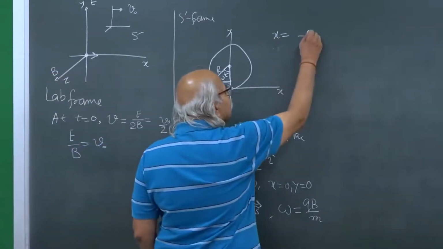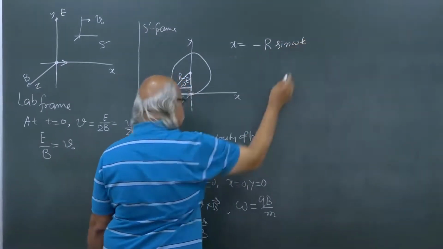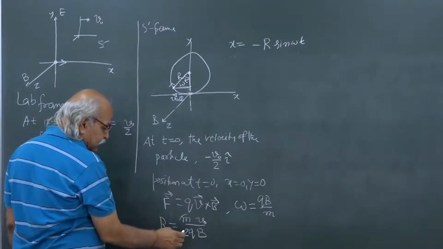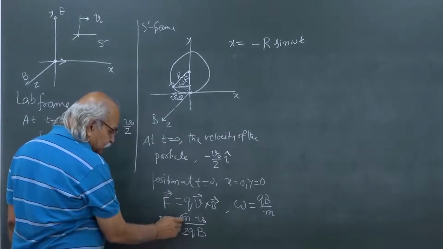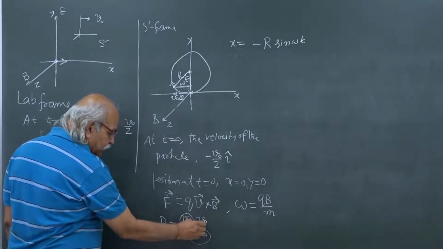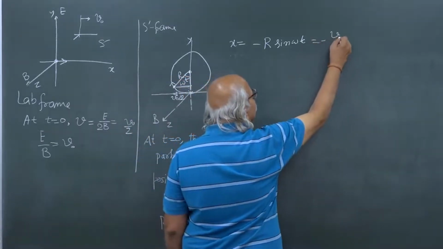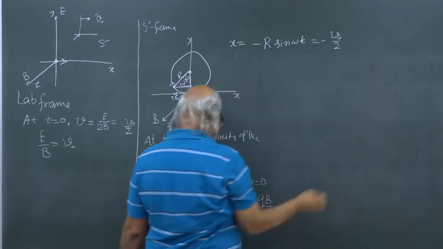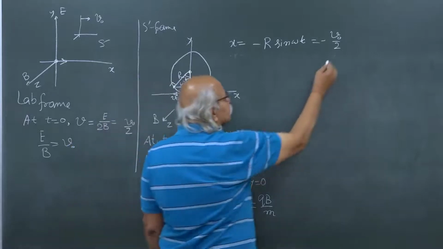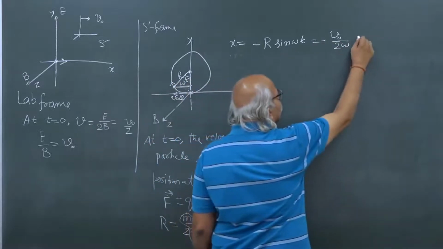So, x is minus r sin omega t, and as we did earlier, we can write this r with q B by m as omega. So, r is v naught by 2 omega, and then sin omega t.